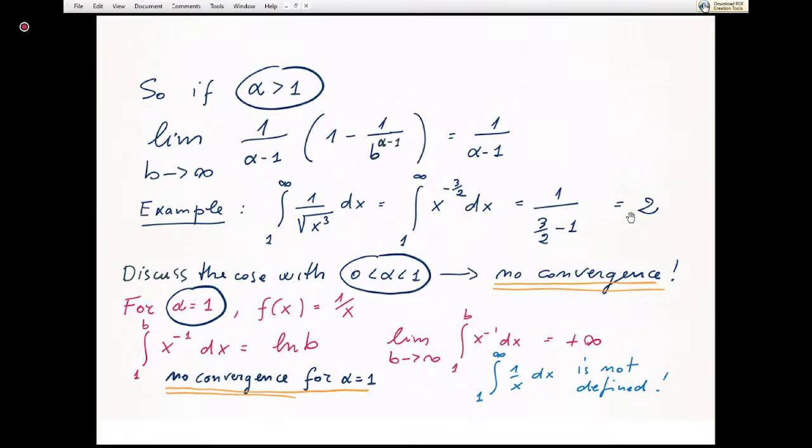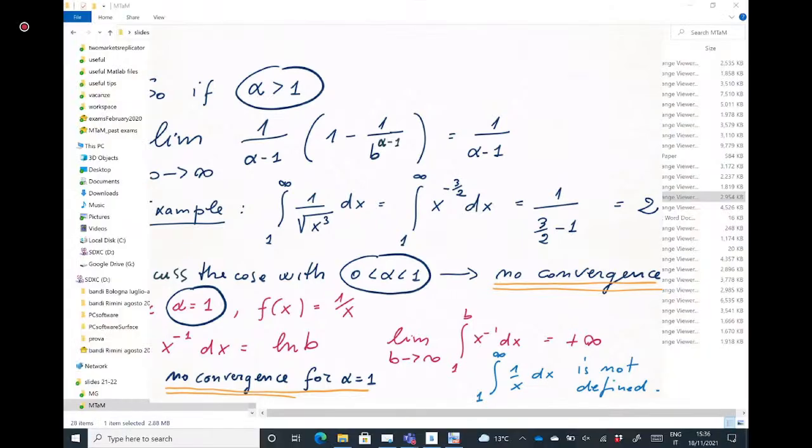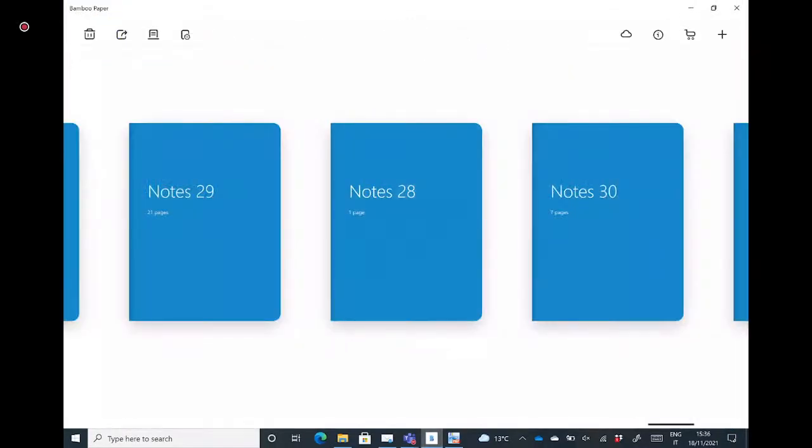So for instance, suppose that you don't remember the formula. You have to compute the integral like this. We know already that there is a convergence to some finite value here because alpha is larger than 1.